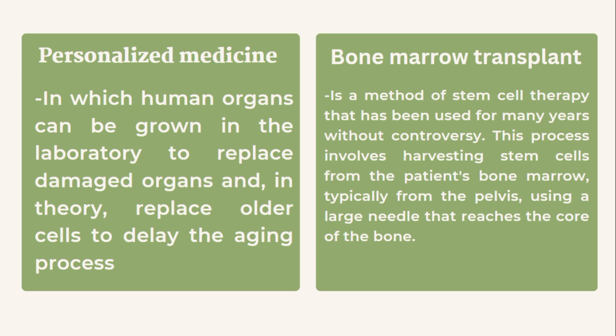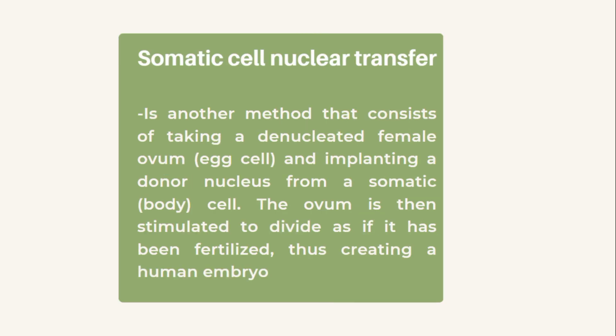This procedure aims to replace damaged or diseased bone marrow with healthy stem cells to restore normal blood cell production and immune function. A matched donor is a requirement for bone marrow transplants, so finding a matched donor is crucial. The best match is often a sibling, but if a sibling is not available, then unrelated donors or umbilical cord blood can be used as alternative sources of stem cells.